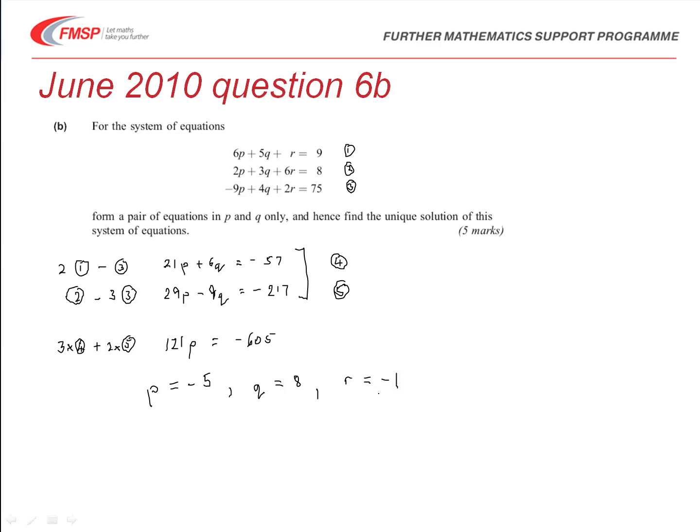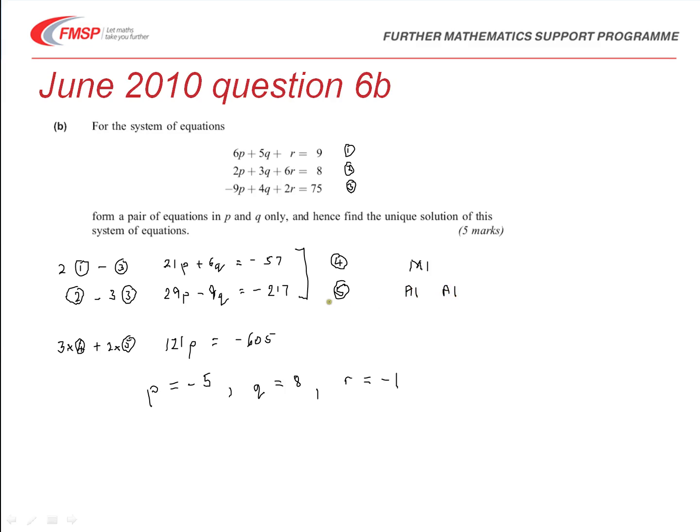Okay, so 5 marks involved here, so a method mark will be applied if you've attempted to eliminate the R's from these equations, and if you've got your 2 equations, each one that you get correct you'll get a mark.